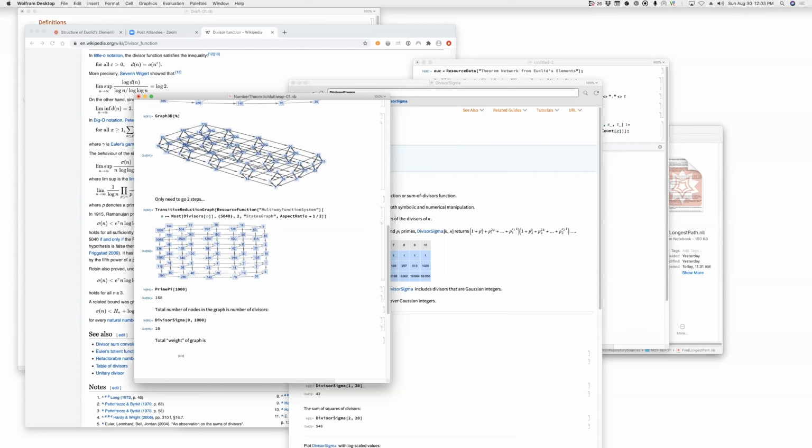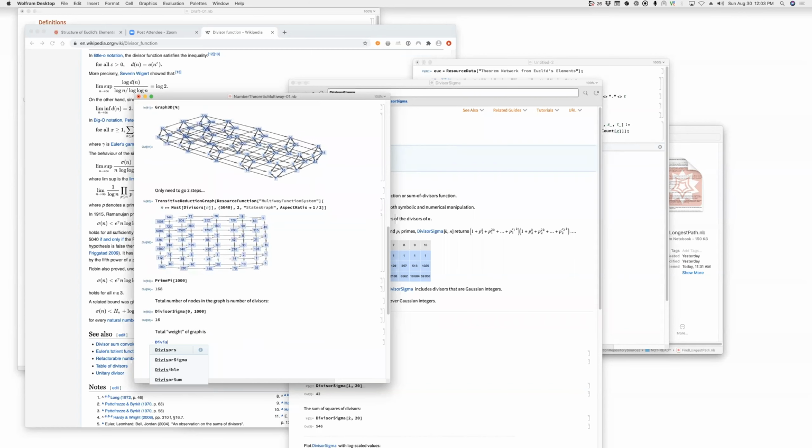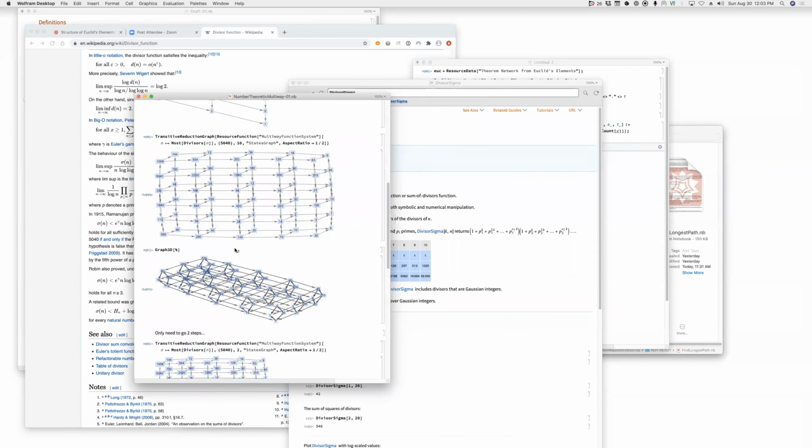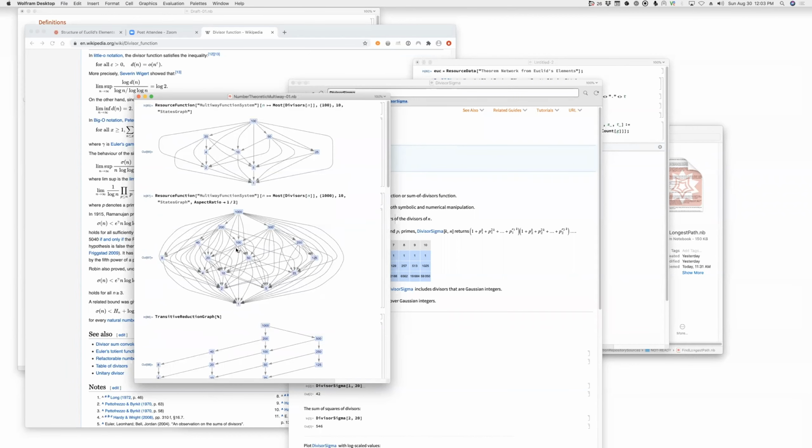Oh. If you look at the number of edges after 2 steps in the multi-way system compared to prime pi. Okay, so let's look at that.